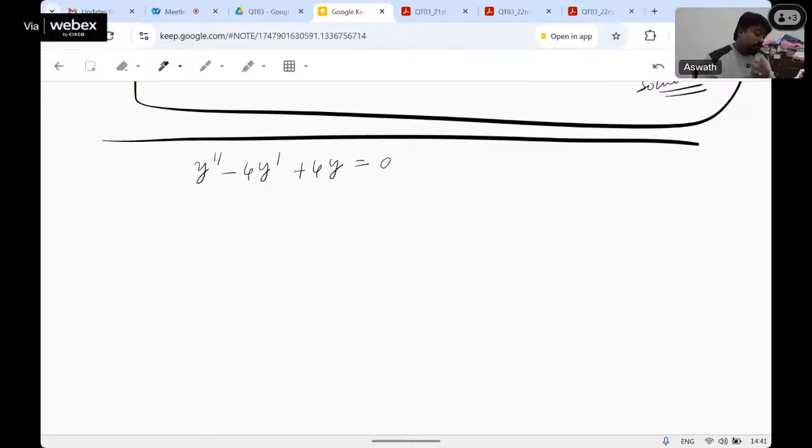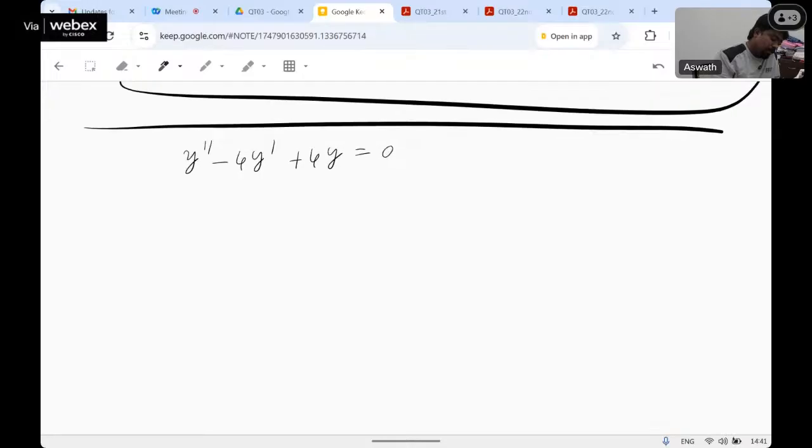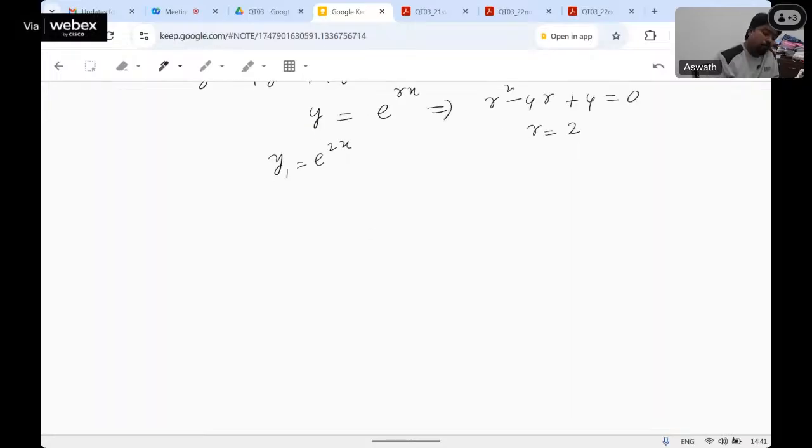Earlier I was finding the solutions of this differential equation by making an approximation that the solution would be exponential rx. When I substitute, what I get is r square minus 4r plus 4 is equal to 0. It's a quadratic equation. The solution is only one. That means I only know one solution, so I want to find one more solution.